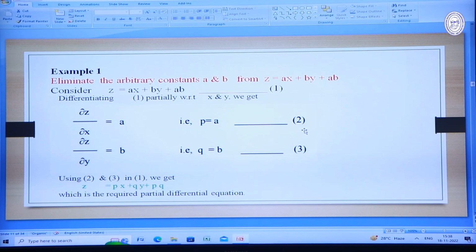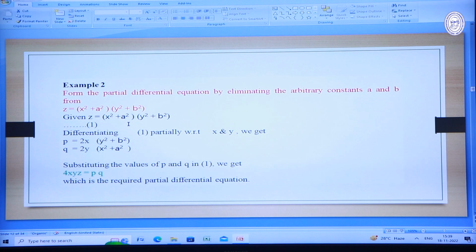Using 2 and 3 in equation 1, we get the differential equation. That means putting the values of a and b in equation 1, we get the partial differential equation of the given equation z equal to ax plus by plus ab.